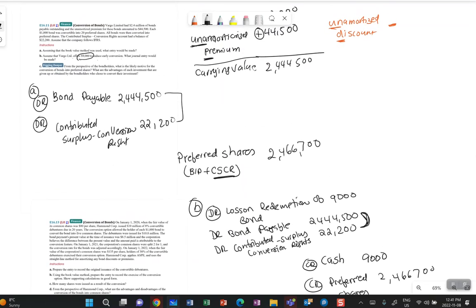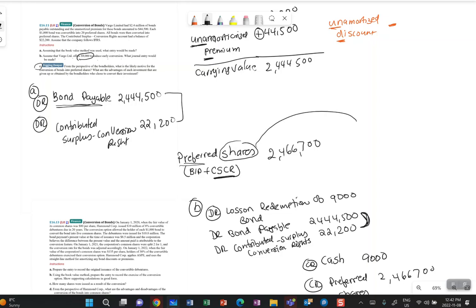Now what is part C saying? From the perspective of the bondholder, what is likely to motivate the conversion of the bond into preferred shares? I had the bond payable, and now we're converting into preferred shares. Preferred shares are the preferred people.